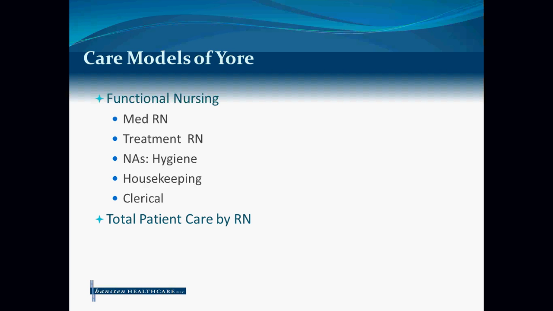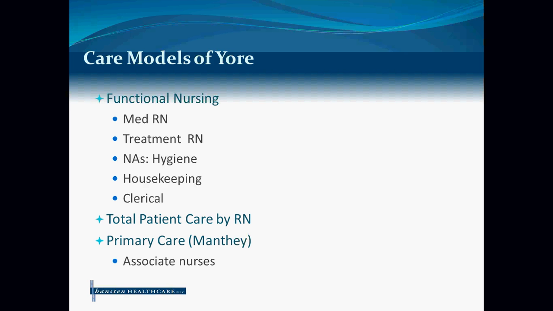Total patient care by an RN was done in the 70s and in some cases in the 80s, where there were not assistive personnel and all the care was done by a registered nurse.